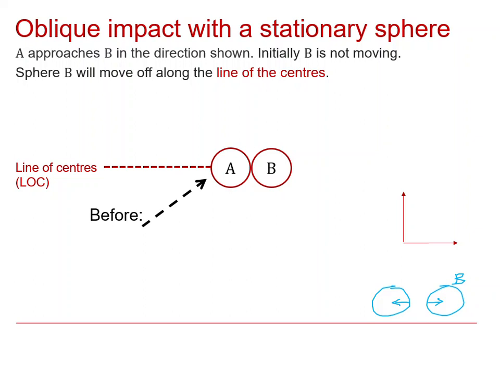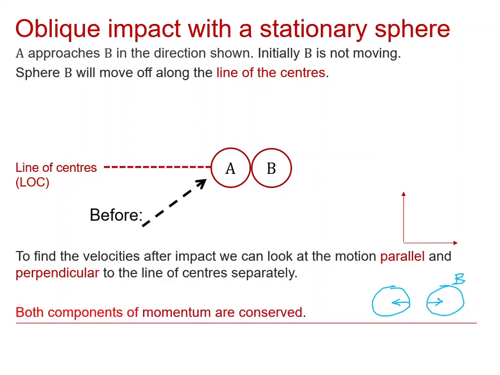So we take 2 things from this situation. Firstly, that B moves off along the line of centres to the right, and secondly, more difficult to show until we start to put figures in, the component of A's velocity perpendicular to the line of centres is unchanged during the collision. So we can look at the motion parallel and perpendicular to the line of centres. That's implied by having our axes.